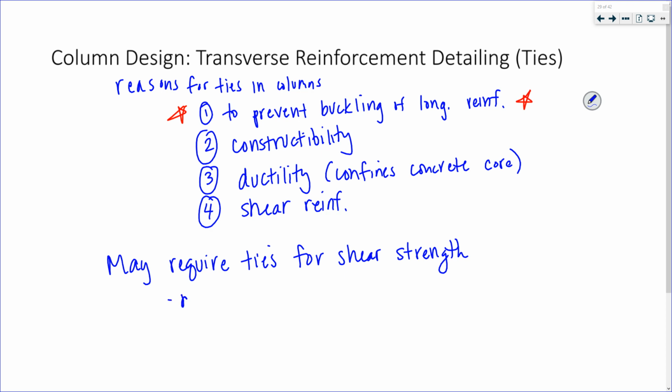You must comply with ACI 318 25.7.2. That is column buckling requirements, which we're going to talk about on the next slide.